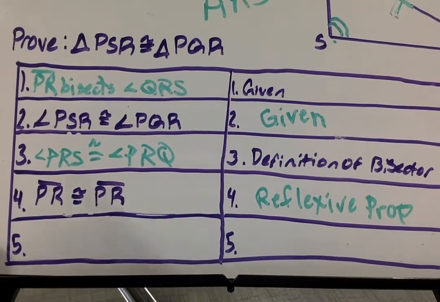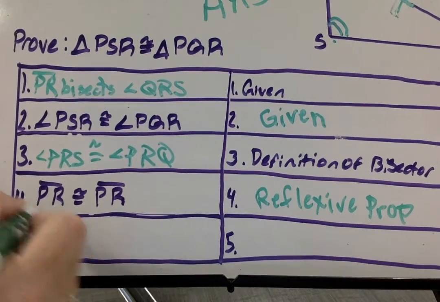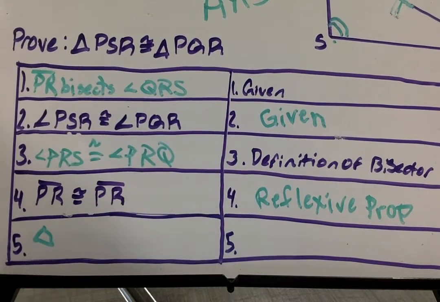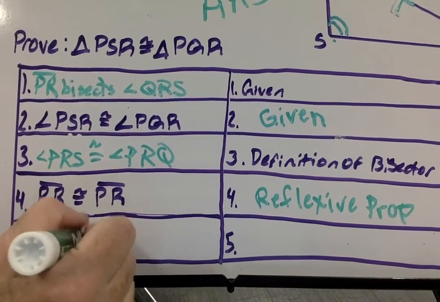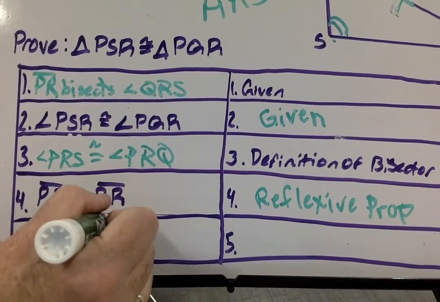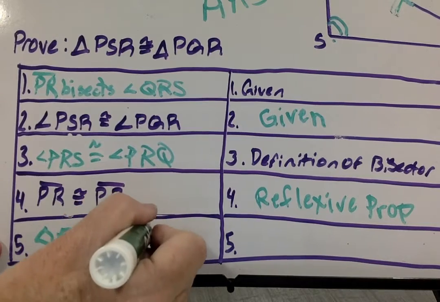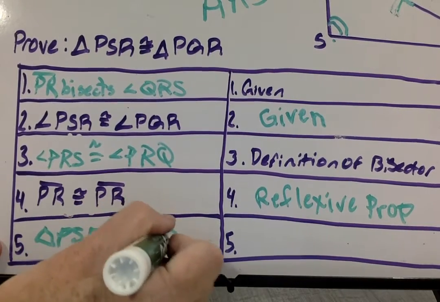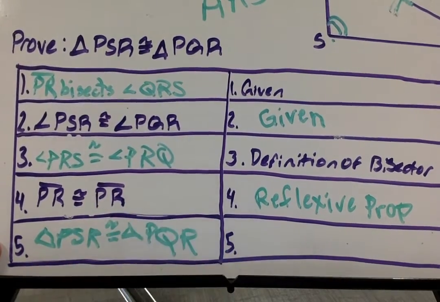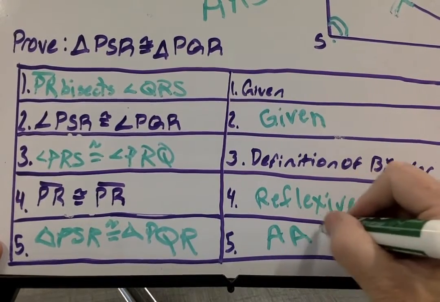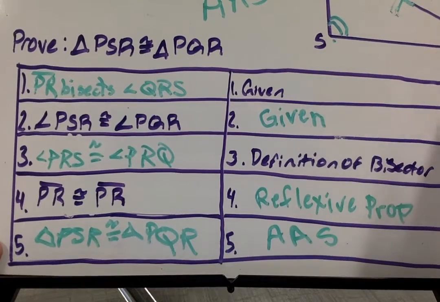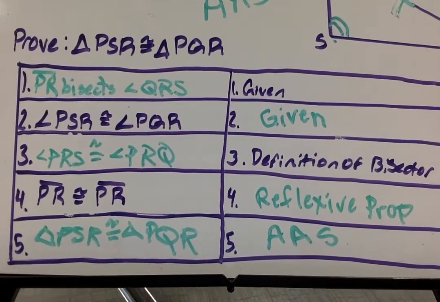So we can prove that triangle, again, we were trying to do this in the beginning, PSR is congruent to triangle PQR. And we can prove that by angle, angle, side. Okay? All right, we can either pause the video or I can do one more.